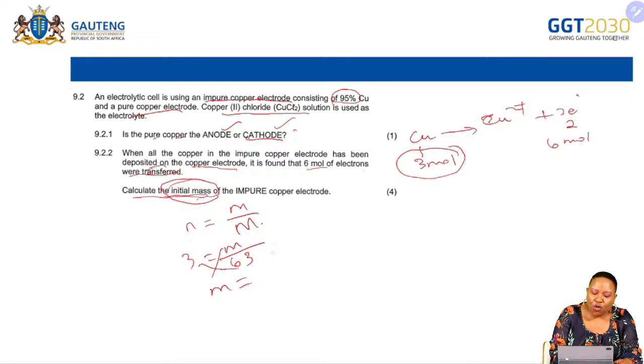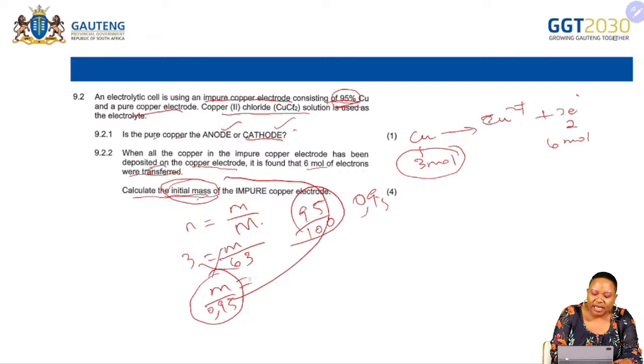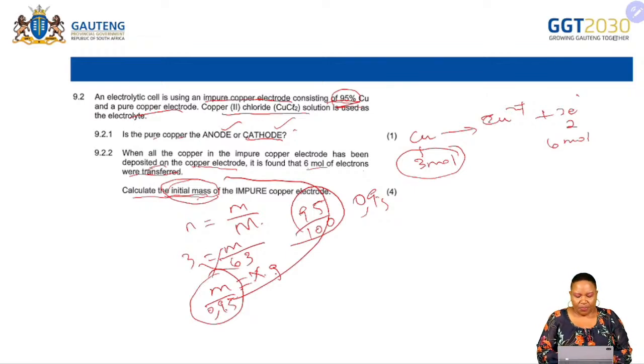And then that mass of copper is going to be divided by 0.95, which is the 95% of copper. Remember, 95% is 95 divided by 100, which is 0.95. So we take the mass that we get and divide by 0.95 and find the mass of copper in grams that was initially there.